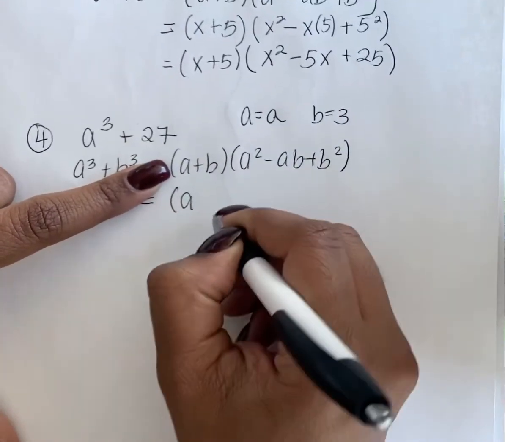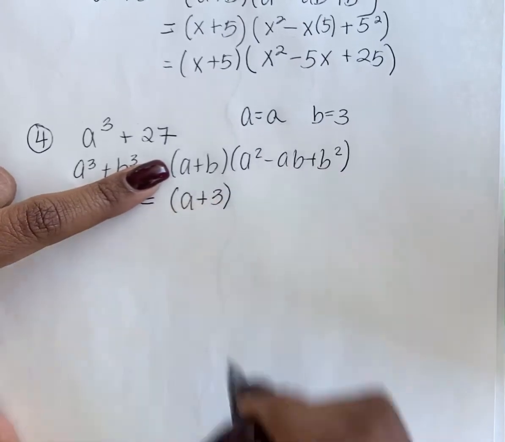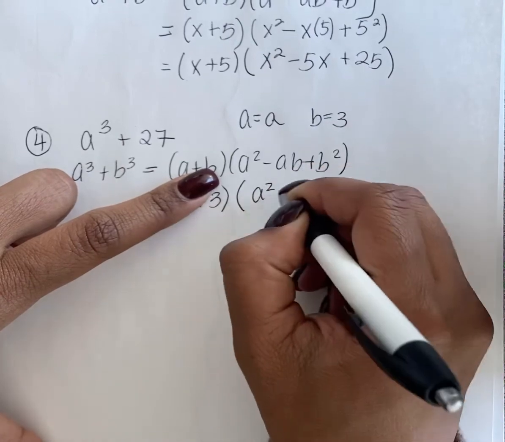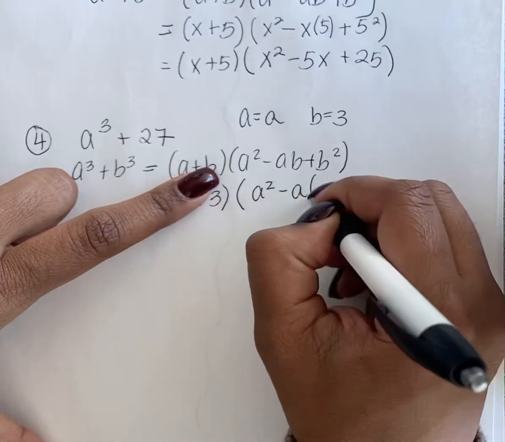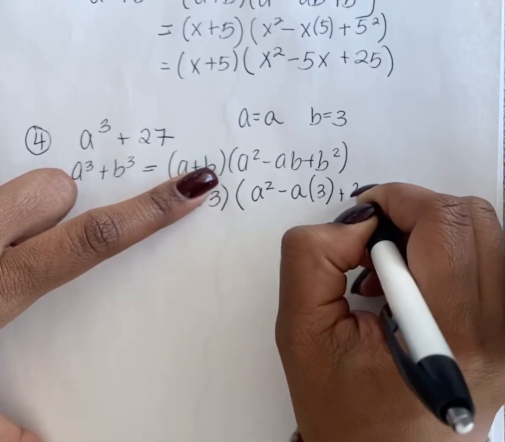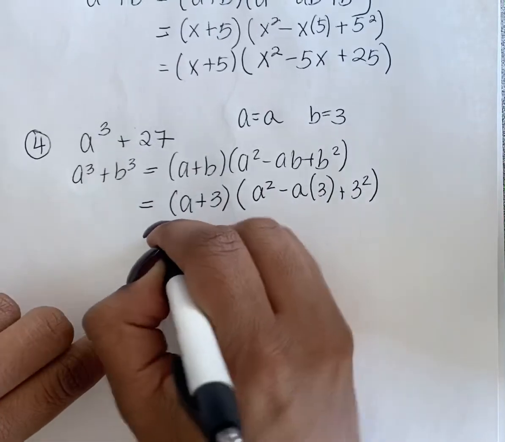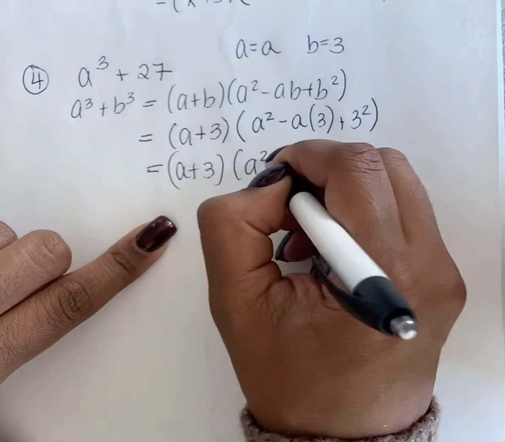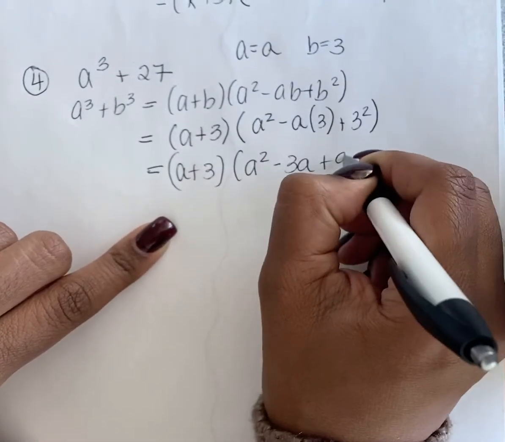Well, a is a and b is a positive 3. And then I have a squared minus a times b, which is 3, plus 3 squared. So this is really just a plus 3 times a squared minus 3a plus 9.